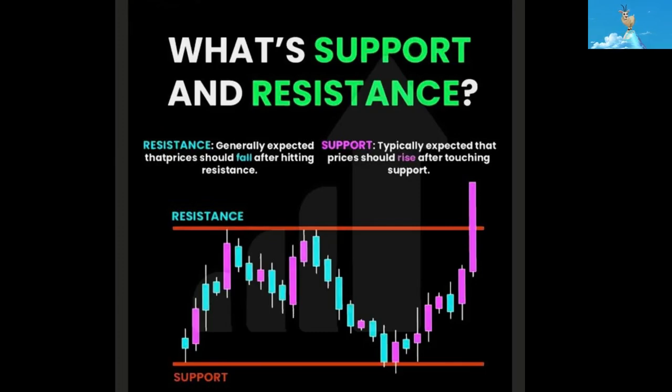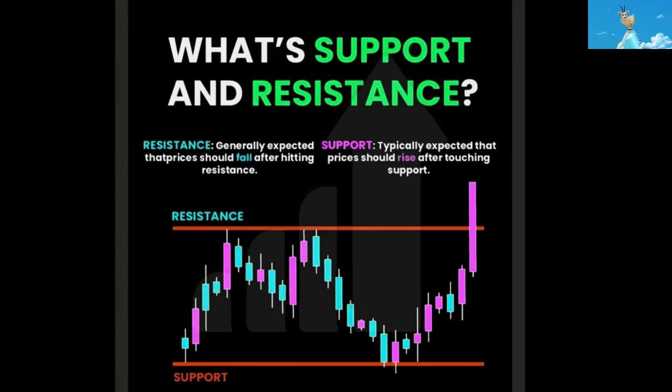Who in the chat gonna make money from this information? Who in the chat already made money from this information? Who already made money from support and resistance? Because if so, y'all let me know. 12 man edit says soon. I know that's right.